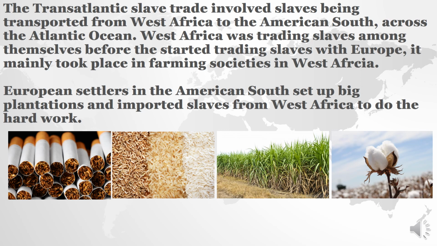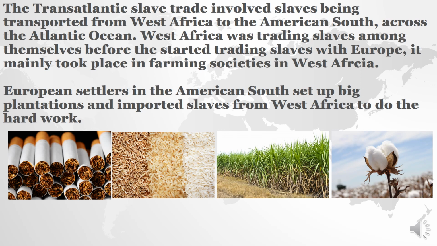Okay, let's have a quick read through this. The transatlantic slave trade involved slaves being transported from West Africa to the American South across the Atlantic Ocean. West Africa was trading slaves among themselves before they started trading slaves with Europe. It mainly took place in farming societies in West Africa.